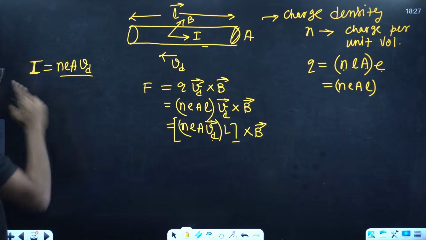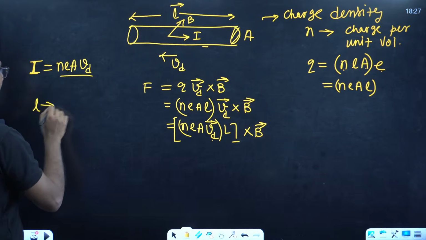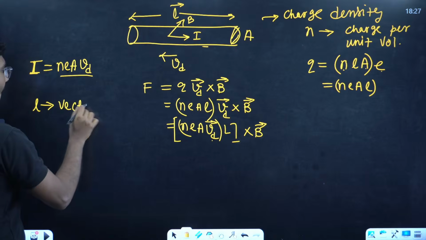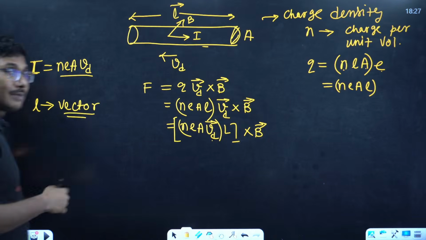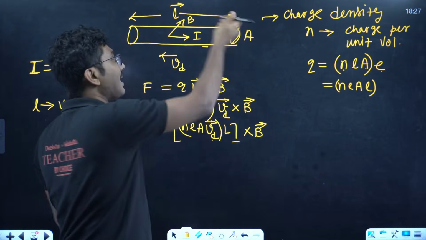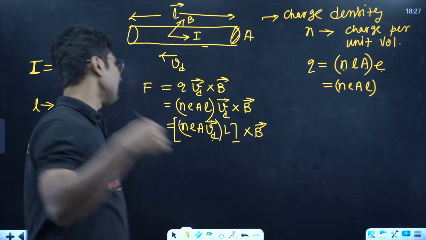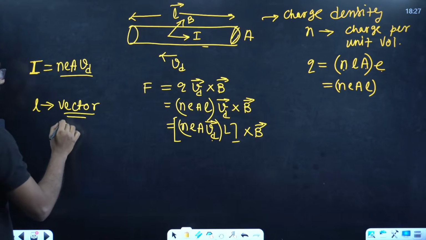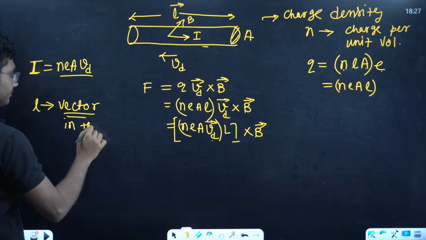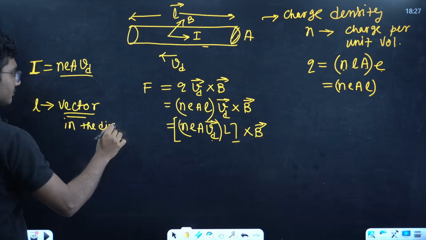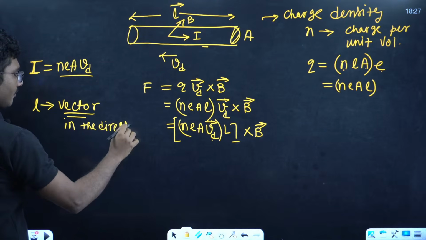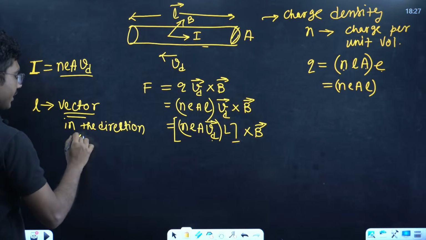Length is a vector quantity, but length can be taken in both directions. It can be either in this direction or in this direction. So here we take the length vector in the direction of current.